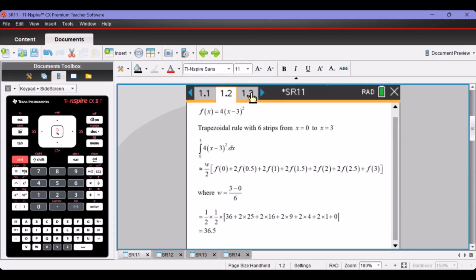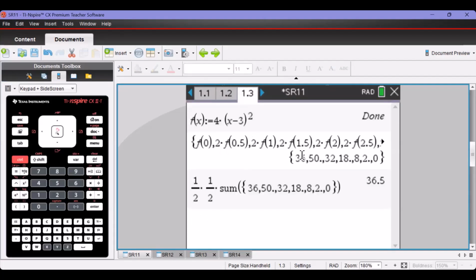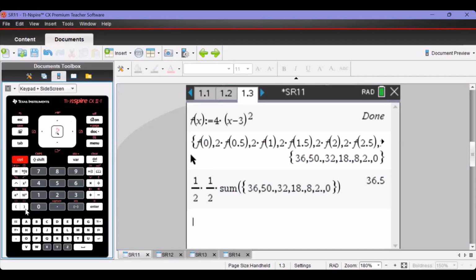You can tell it's a list because you have a curly opening bracket and, as a match, a curly closing bracket. To access that, you press Control and then the normal closing bracket key. And that is how you begin to create a list.